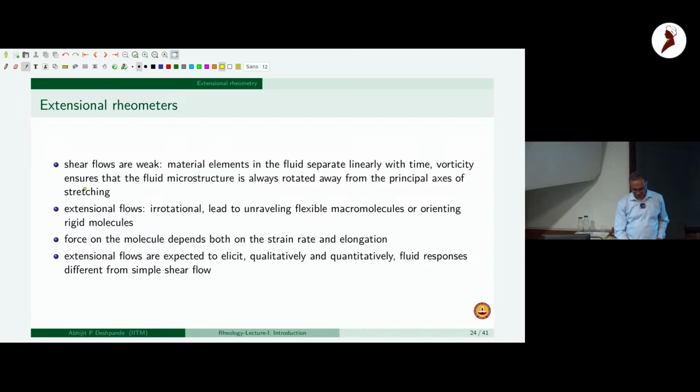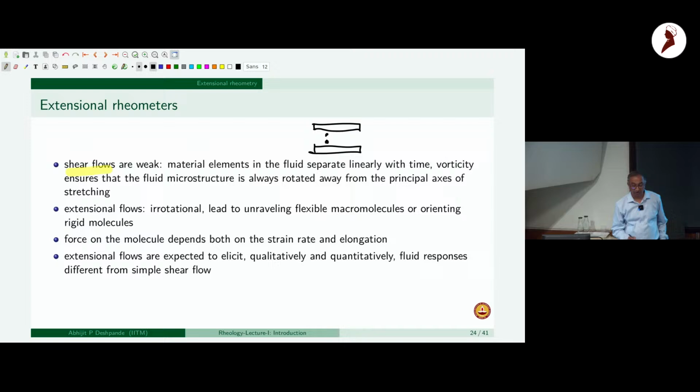Generally, one of the things that can be said is that shear flows are actually reasonably weak flows, in the sense that if we look at two material points and how they are getting separated with respect to each other in shear flow, the distance between any two points will increase linearly with time, as you are doing a constant strain rate experiment.